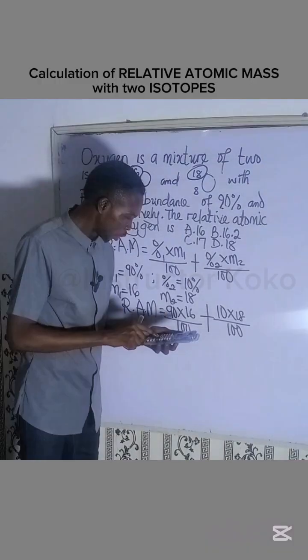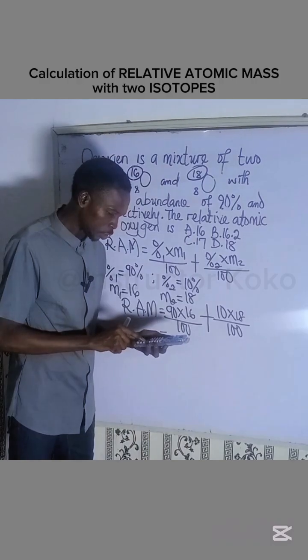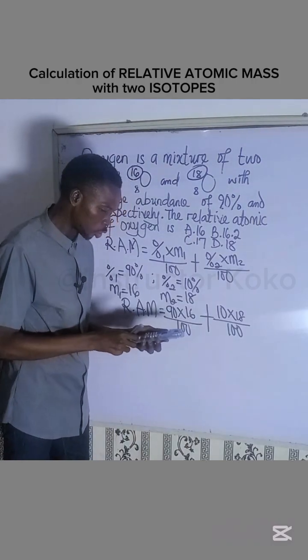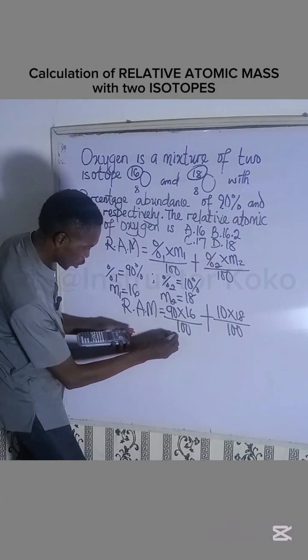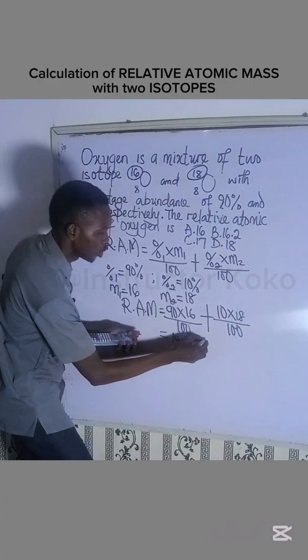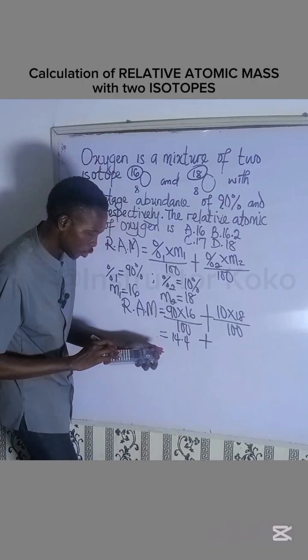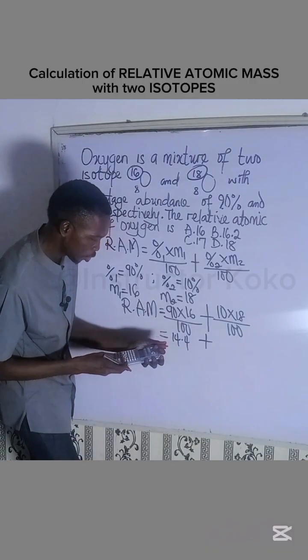So using your calculator, let's multiply. 90 times 16 divided by 100 is 14.4. Let me check it again. 90 times 16 divided by 100. Yes, it's correct, 14.4.